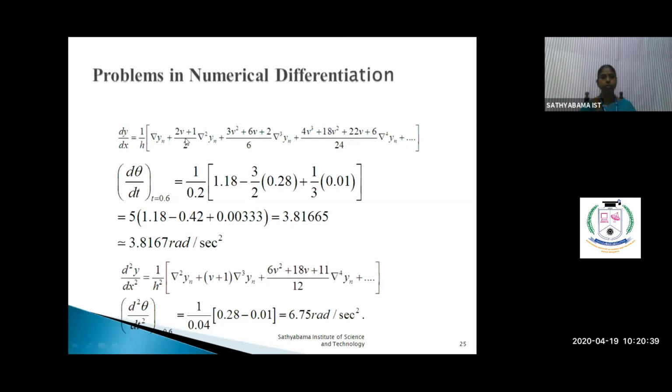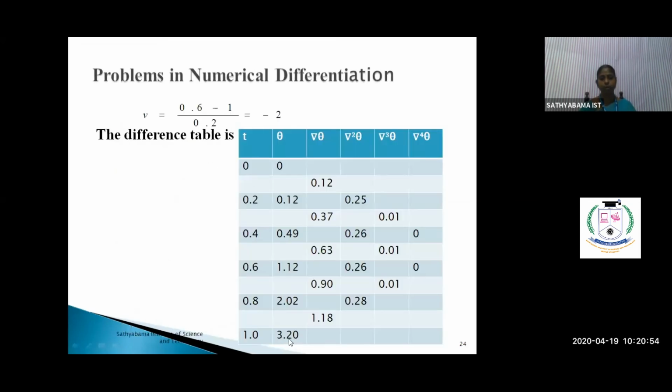So when I use this, we are getting 1 by 0.2 into del yn minus 2 into minus 2: 2 twos are 4, minus 4 plus 1, that is minus 3, by 2 del square yn. So where is my del square? This is del yn, so this is theta, del square theta, del cube theta, del power 4 theta.